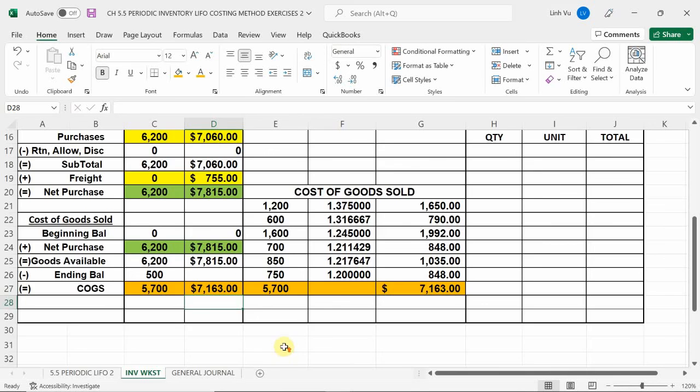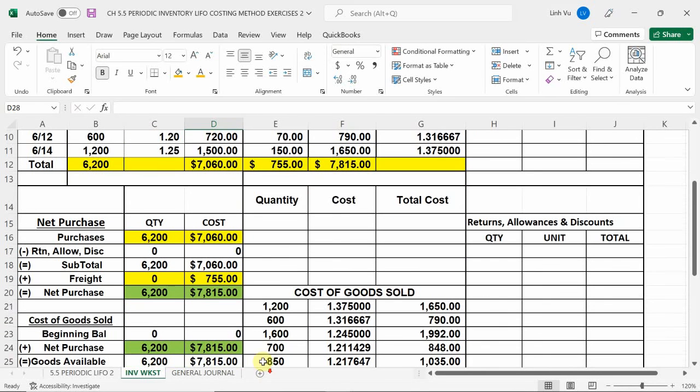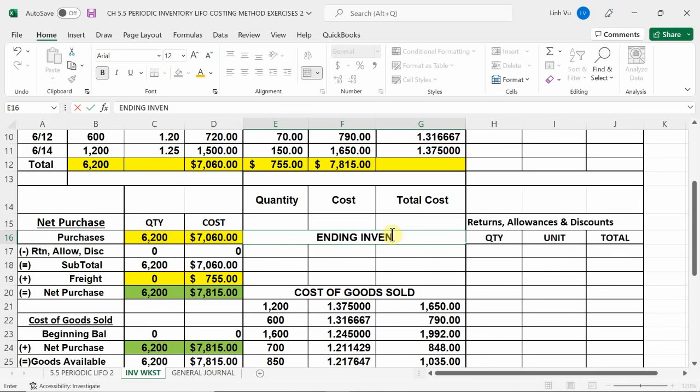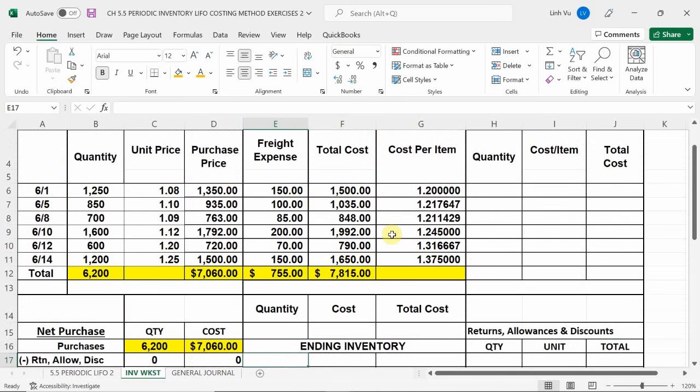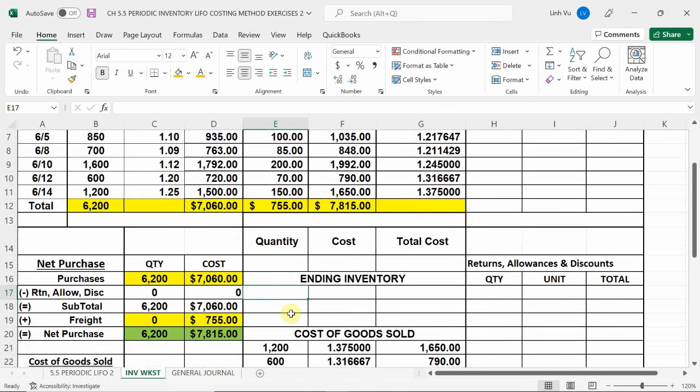Or once again, if you didn't want to go through all of that, the easiest way is to recognize that you're going to have 500 units at the end of the day. If I'm going from the bottom and making my way up to the top, that means my ending inventory must be within this first batch of inventory. So it's going to cost me $1.20.